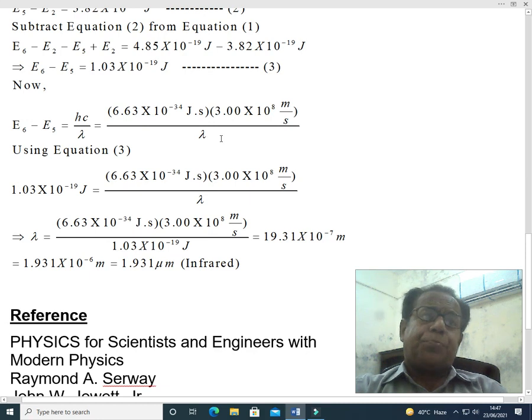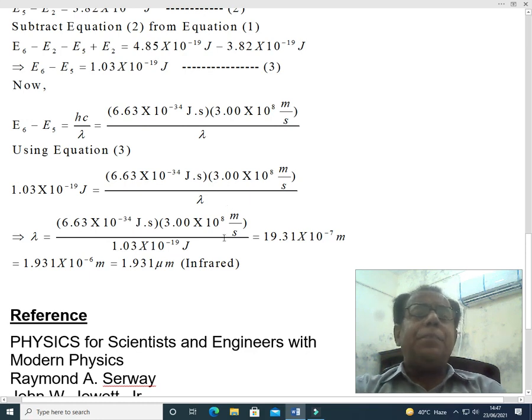Here, using equation number 3, the value of E6 minus E5 is given. So on the left hand side we will use the right hand side of equation number 3. 1.03 into 10 raised to the power minus 19 joule is equal to the value of Planck's constant into the speed of light divided by lambda.